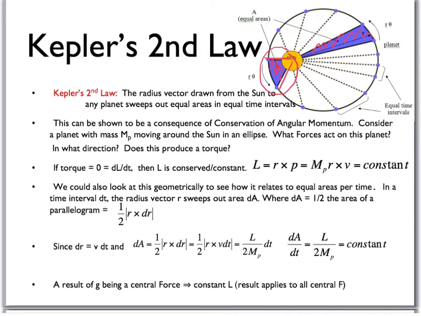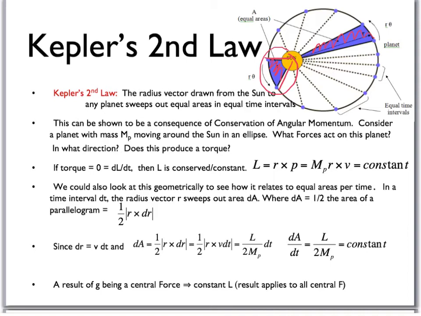So this can actually be shown to be a consequence of the conservation of angular momentum. Consider a planet that has some mass m sub p. It's moving around the sun in an ellipse. If we were to think about the forces that were acting on that planet, we would understand that the forces acting on that planet would be, in fact, gravitational forces.